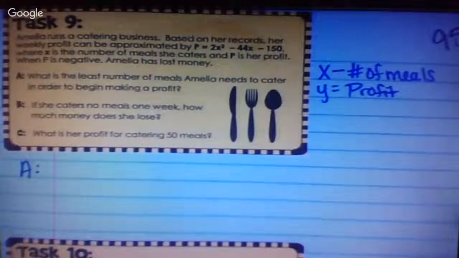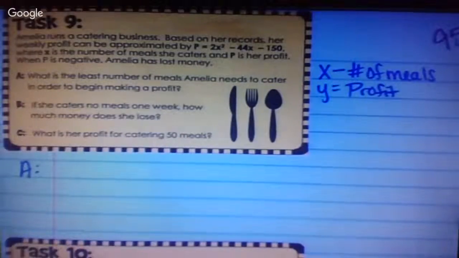A says, what is the least number of meals Amelia needs to cater in order to begin making a profit? It is 25. That's B. Y'all got B. B is 150.